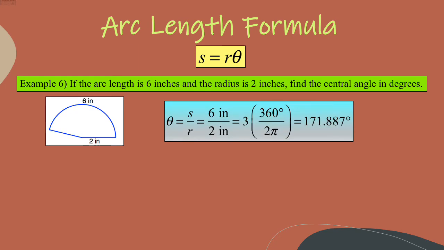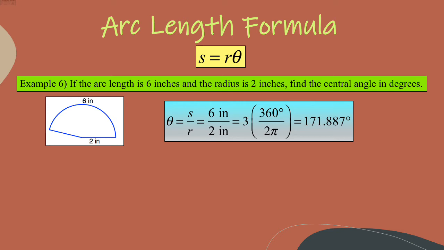It is not necessary to make a drawing, but creating one gives a sense of how large the angle should be. We solve for theta, and that is equal to S over r, giving 6 inches over 2 inches, and that gives 3. However, remember that as we use the formula, if we know theta, we must change it to radians, and if we find theta, it will automatically be in radians.